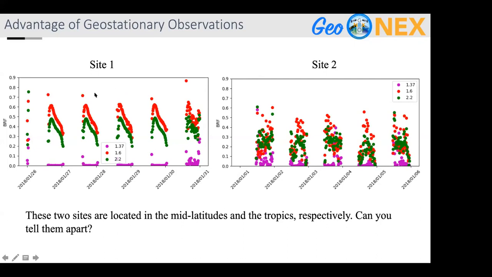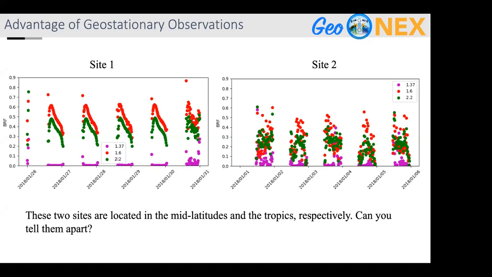The left side, site one, must be in the mid-latitudes, and site two must be in the tropics, because when you look at the smooth diurnal change, this is pretty clear, pretty calm air. But when you look at the right panel, you see those ups and downs of the signals. You know that the atmosphere is not stable, and there's a passing cloud, and everything is changing, right? So even from the pixel level, these things provide us with information to tell us something about the atmosphere.